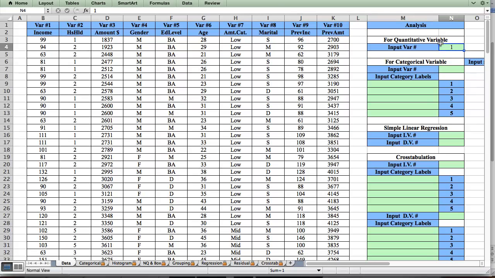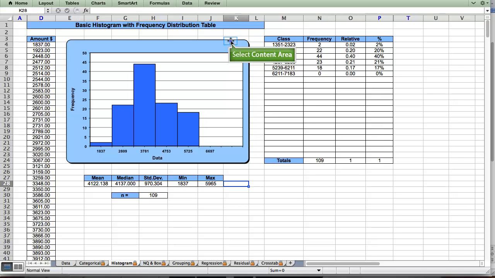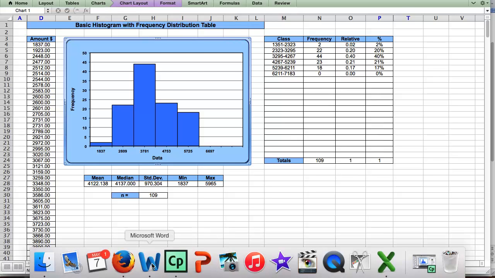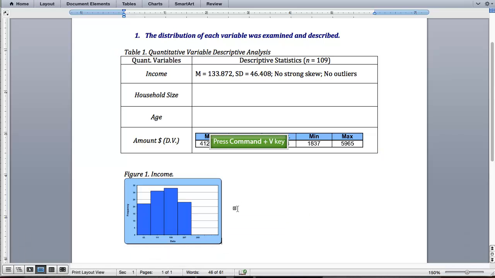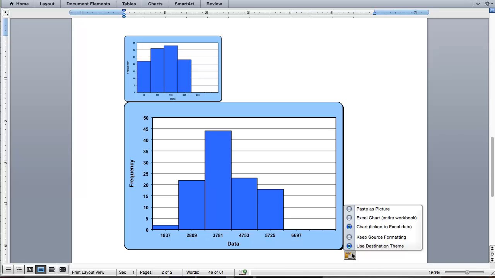So looking at our histogram for amount charged, we could move that one over just like we did for income by copying it and pasting. Now, there's two ways that we could have done this. We could go to the paste options and select paste as picture to freeze that chart as a picture.